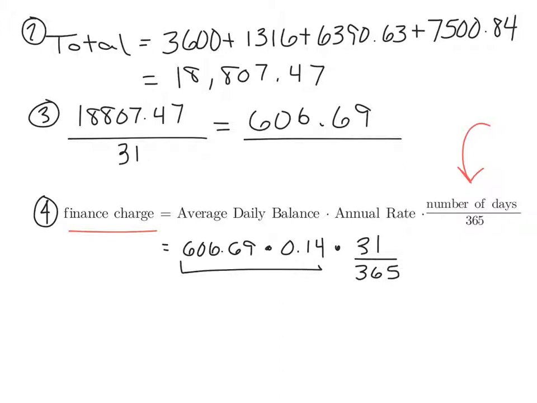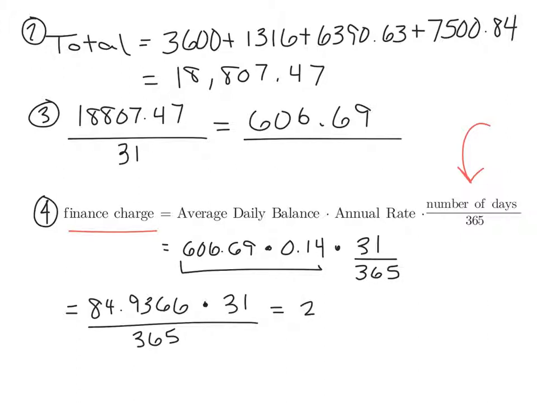Our first step is to multiply $606.69 by 0.14. When we do that calculation, we get 84.9366. Next, we multiply that by 31, and after that, we'll divide everything by 365. When we multiply the numerator together, we get 2,633.0346.